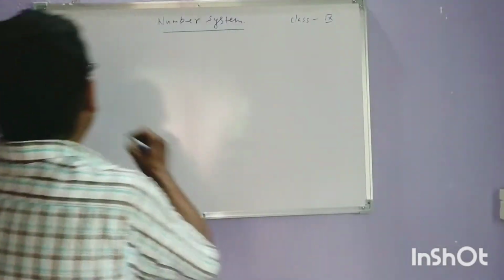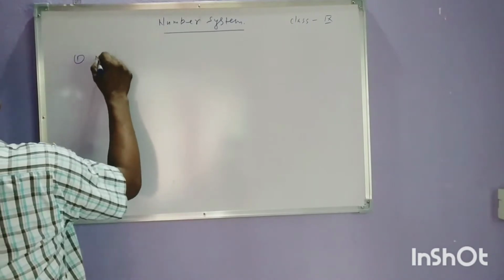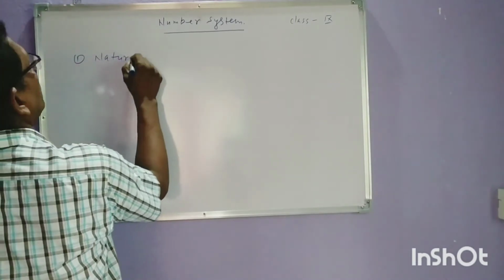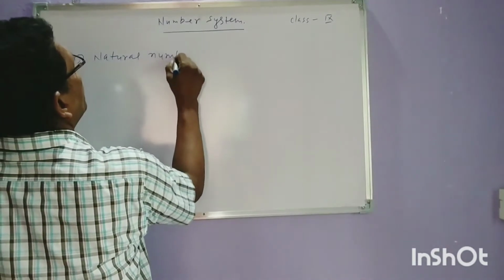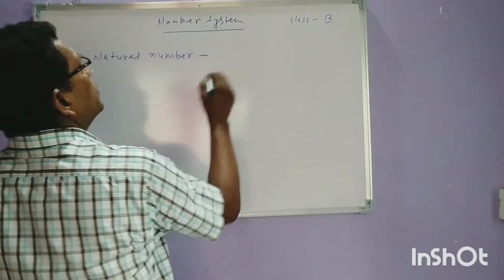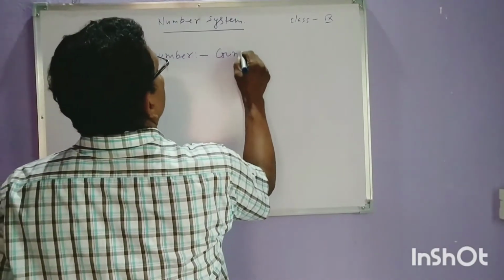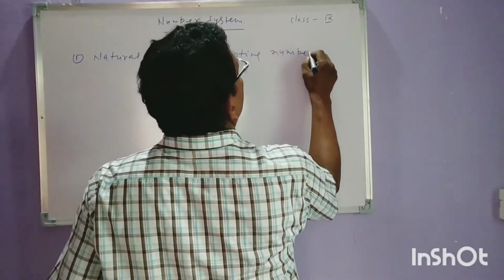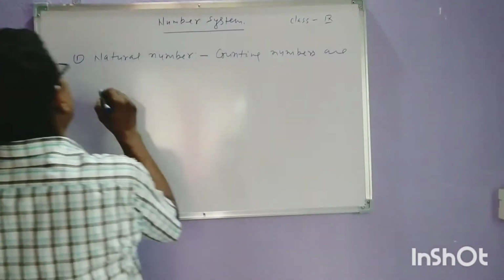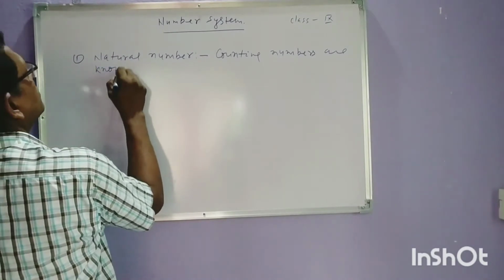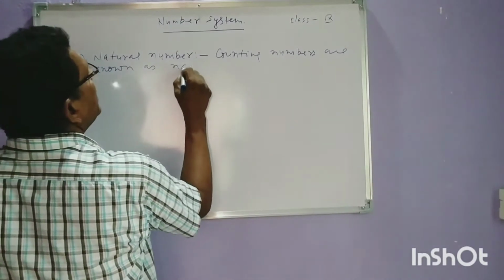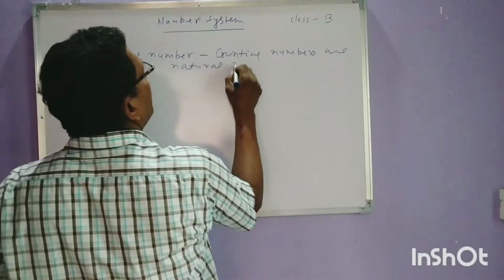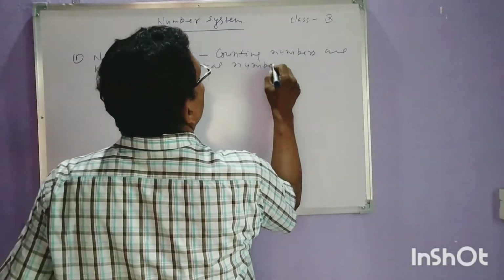So, first is your natural number. Counting numbers are known as natural numbers.